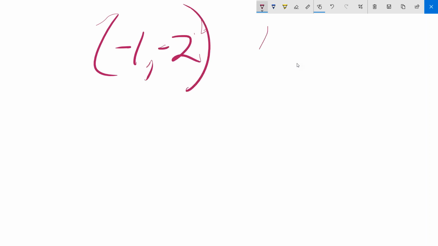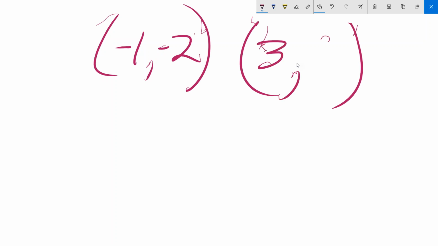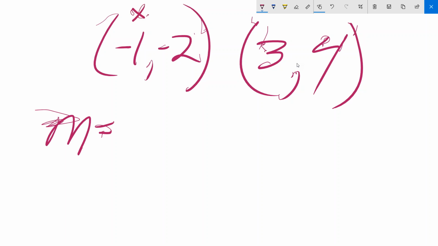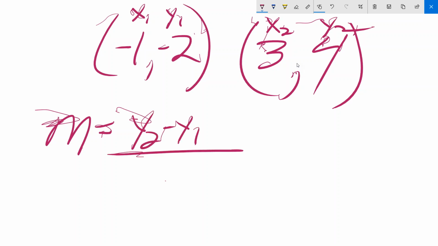There's 1 point. There's another point. If I want to know the slope between those 2 points, what's the general formula? Y sub 2 minus y sub 1 over what?